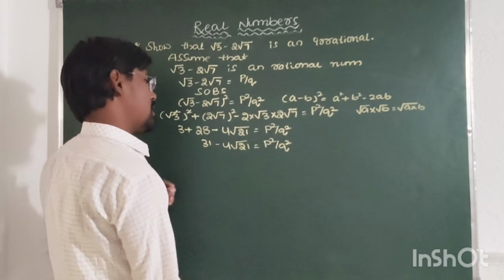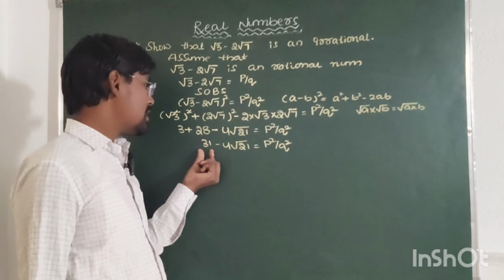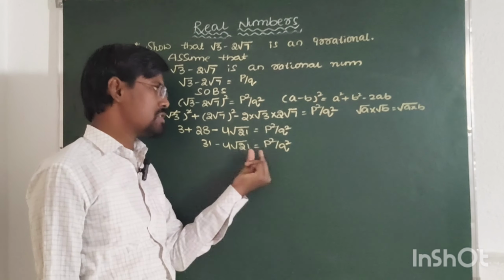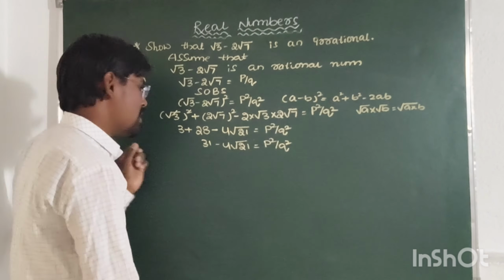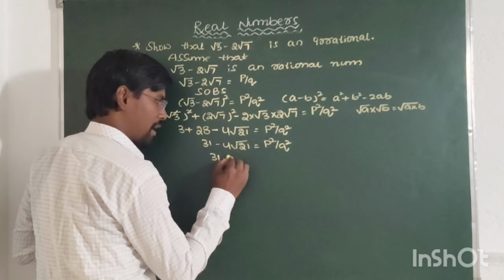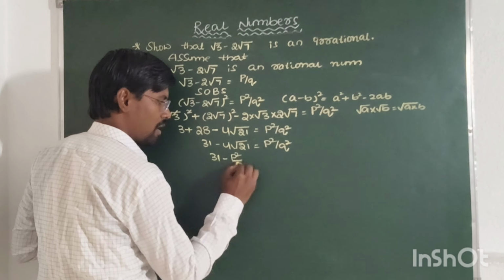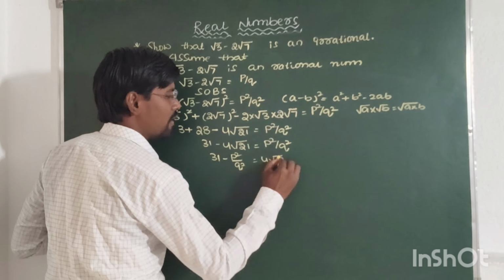Now let us separate rational numbers to one side and irrational numbers to the other side. 31 is rational, 4 root 21 is irrational, p square by q square is rational. So 31 minus p square by q square is equal to 4 root 21.